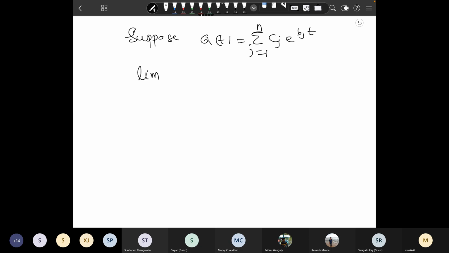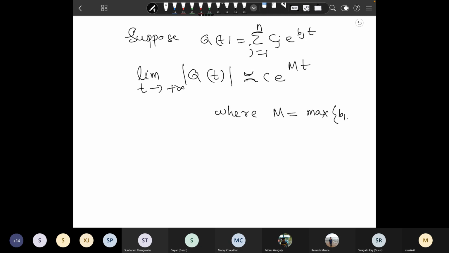Suppose I want to take the limit t tends to plus infinity of q(t). What really matters in this case is that this will be comparable to some constant multiple of e^(Mt), where M is equal to the maximum of b1, b2, ..., bn.